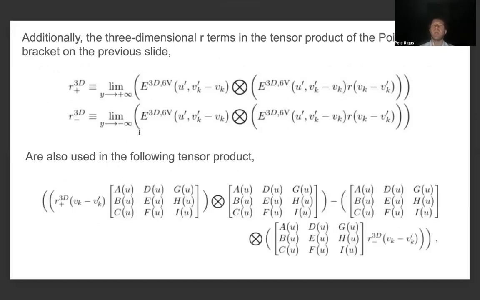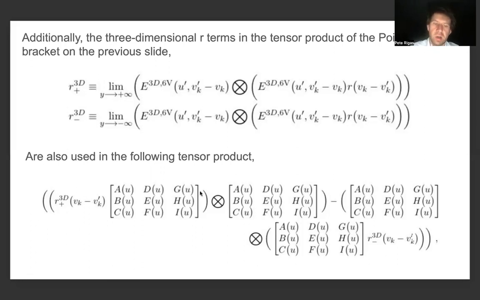And additionally, the three-dimensional R terms in the tensor product of the Poisson bracket on the previous slide, which are given, like we had mentioned, by the R3D plus and R3D minus terms, respectively given by the two limits as y tends to positive infinity or y tends to negative infinity, are also used in the following tensor product, in which we have this type of general representation of the three-dimensional transfer matrix.